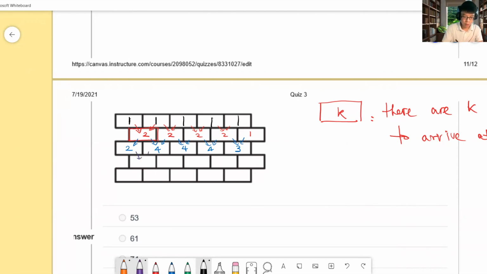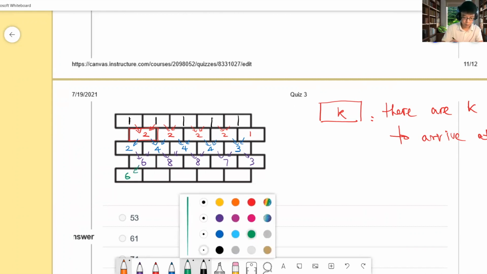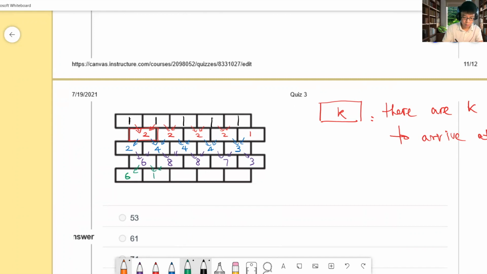Same idea applies. So this is gonna be 6, 8, 8, 7, 3. And now the last one, we have, this is 6, this is 14, 16, 15, 10.